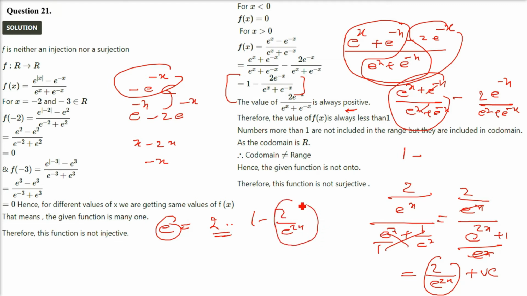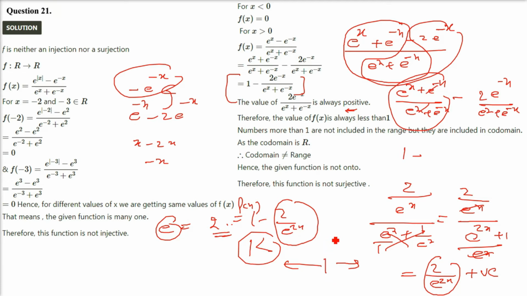So you are now subtracting this from 1. The discussion is, you are not going to get the same codomain, because the range will be different. 1 minus something will always be less than 1. The value will always be less than 1. That means the codomain was the real numbers, but the range is not equal to the codomain.